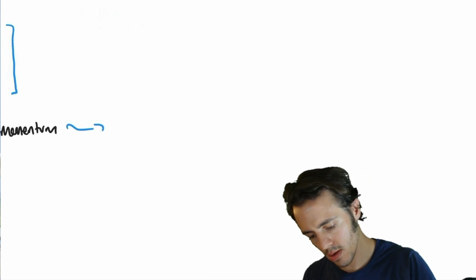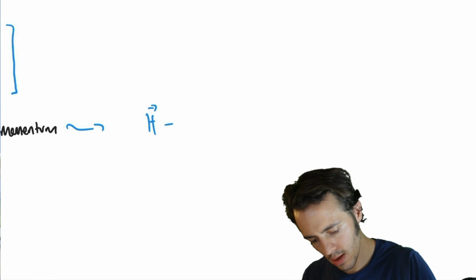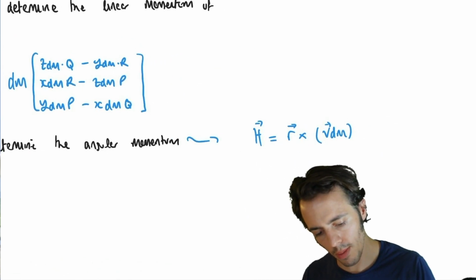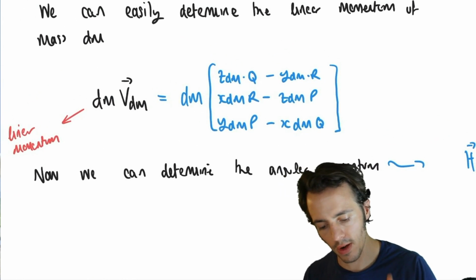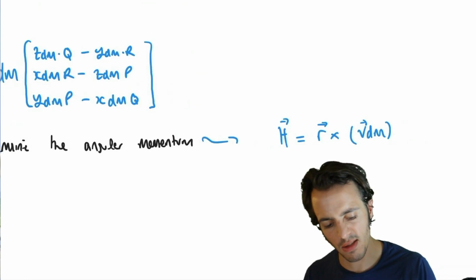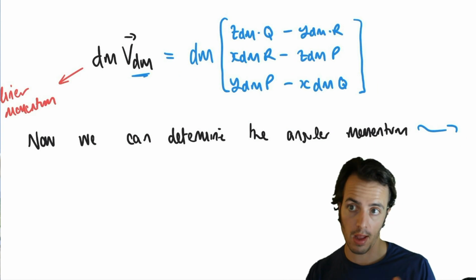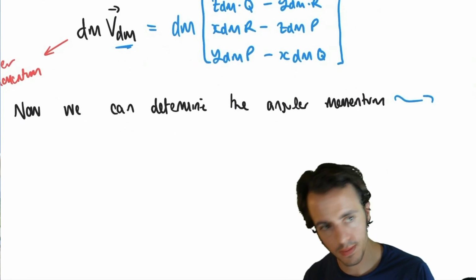So h is equal to r crossed by v dm. Okay, I've got a subscript dm over here just to say that it's the velocity. There's a subscript dm there that isn't over here. That's just to show that we have got the velocity of that small element dm.